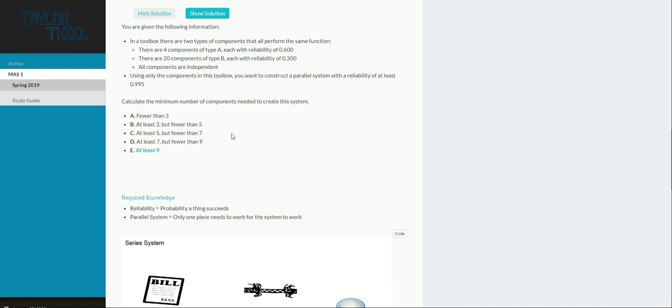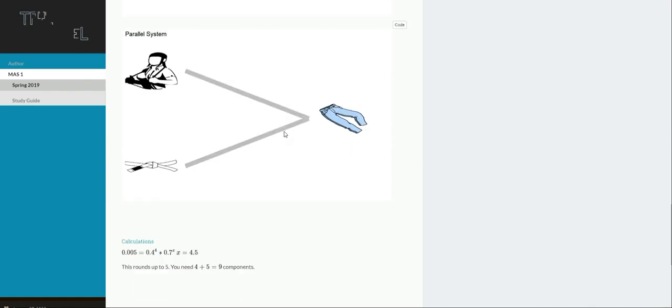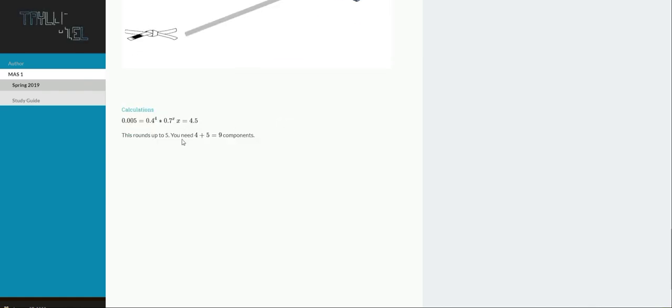So to think through, why do we need to round up? If you round that x down to 4, we can then plug those values in here, and we're going to see that the chance of system failure is going to be higher than 0.005.